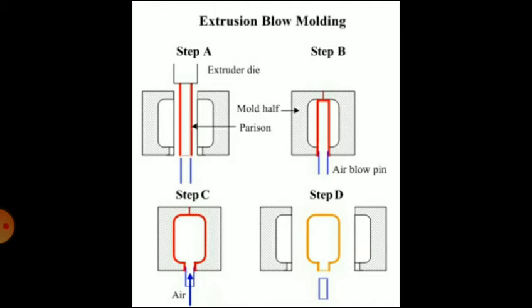Then in step B, the two halves of the mold move towards each other so that the mold closes over the tube. The tube gets cut off and sealed at the bottom of the closing mold, or in the diagram it is shown at the top of the closing mold.